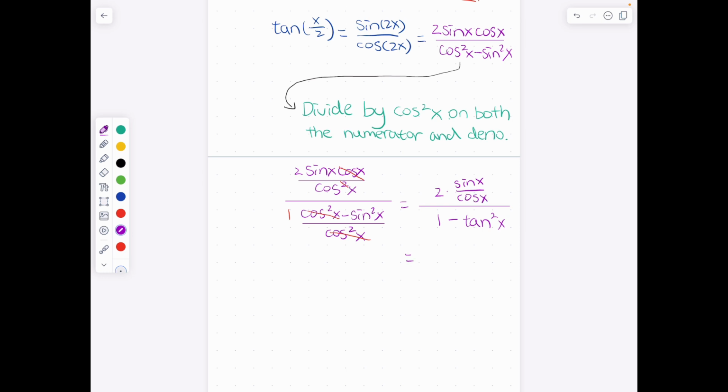All right, so it's 1 minus tangent squared of x in the denominator and 2 times tangent x in the numerator. And I'm pretty sure that that is correct. Let me just check it online. Yep, that's correct. Okay, so we just box this.